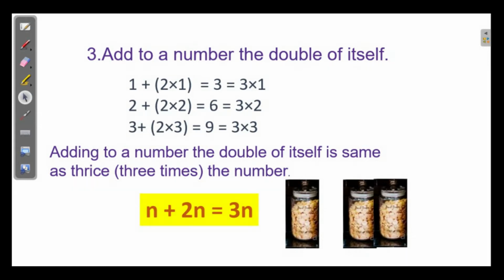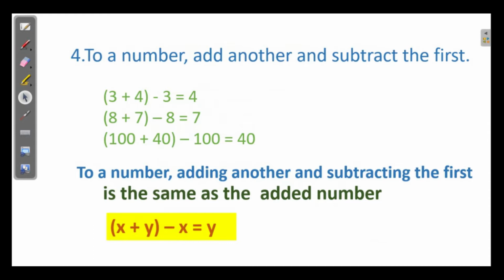The fourth one is, to a number add another and subtract the first. To a number x, add another y, x plus y. From it, subtract x. First number is subtracted, then only y remains.